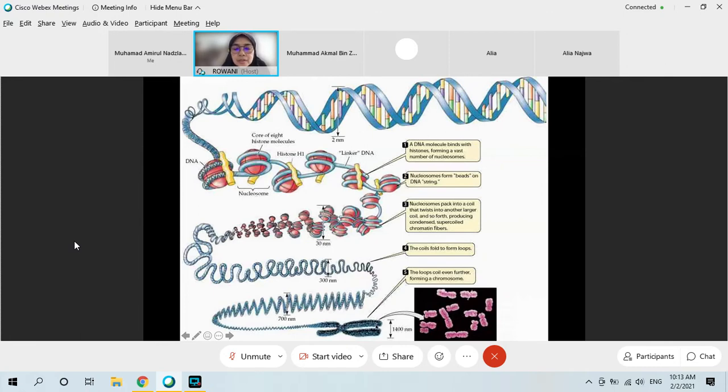Somebody says that if you unloop all this coiled chromosome, it is very, very long. The whole chromosome would be as long as the circumference of your football field.